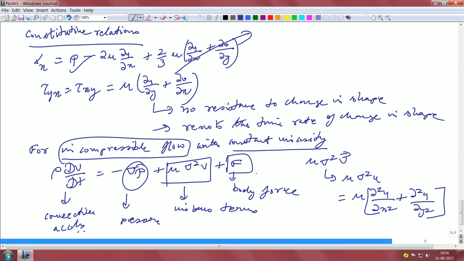Most of the time it will be like rho g, which is the body force if the g direction and the x direction match, otherwise it will come in the y component of the velocity. So, this is of course the total equation form. Now, V will become equal to u or small v depending on which direction you are applying the momentum equation with.